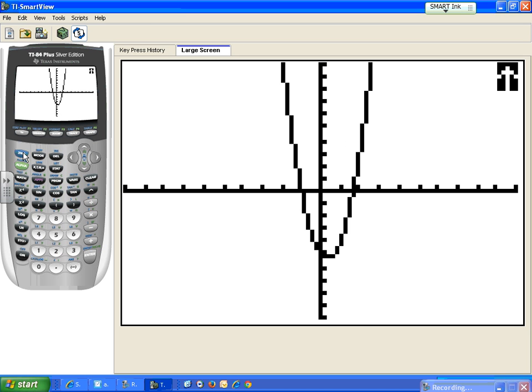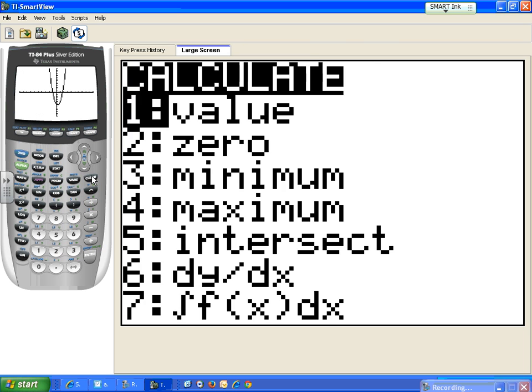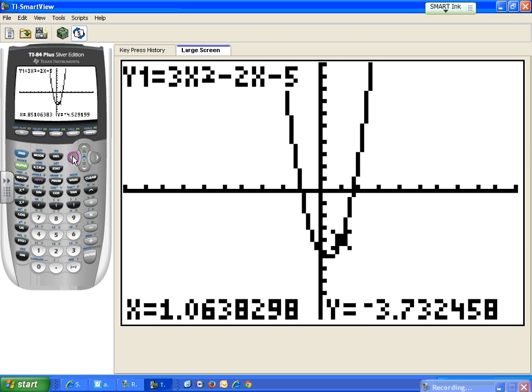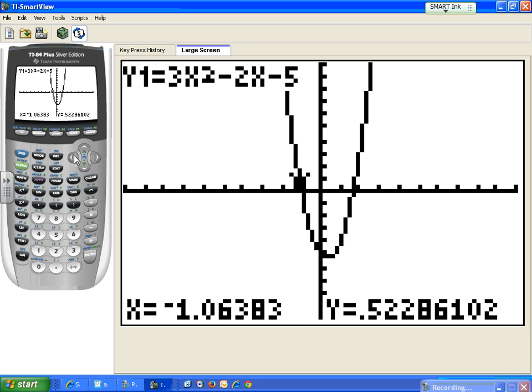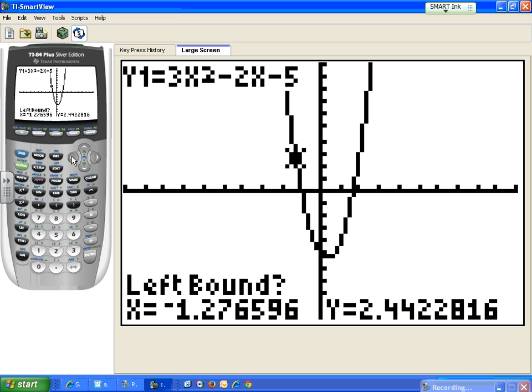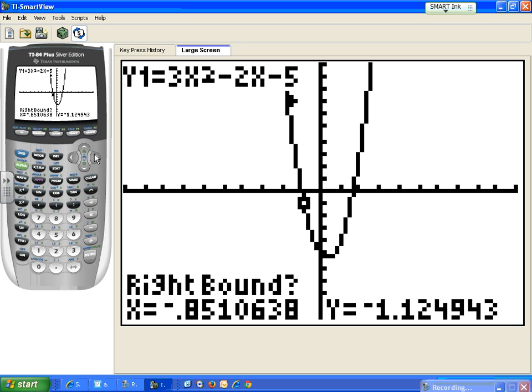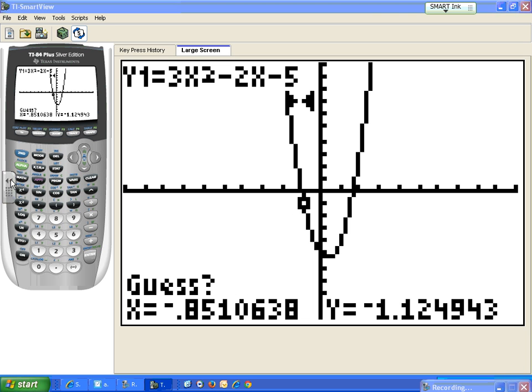Second trace. Make sure you're on the point because it'll jump around. So we want to get as close to our point as we can. Second trace. Pick our 0. Hit left bound. Press enter. Go to the other side of the x-axis. Press enter. And you'll see these 2 little marks.